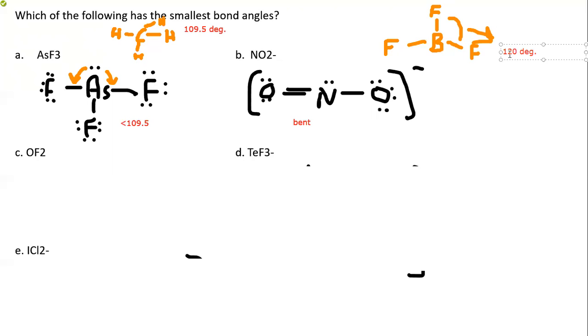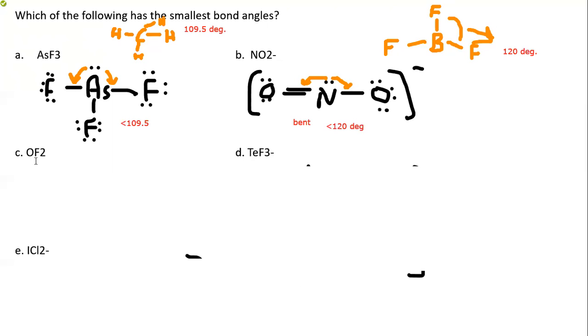Because they're all bonding pairs of electrons. So that means if we replace one of those bonding pairs with a lone pair, this lone pair is going to push these bonding pairs closer together. So what we can infer is that the bond angle is going to be a little bit less than 120 degrees, maybe 118, 117, 119, somewhere in that ballpark.